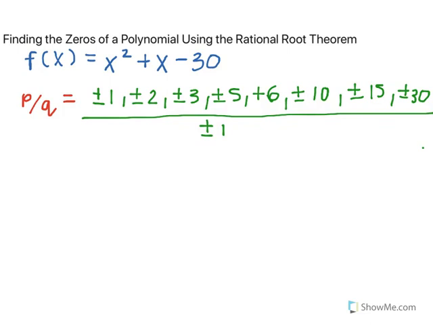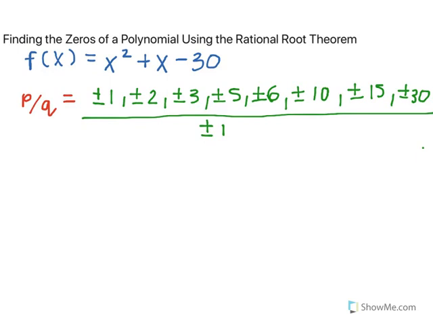Now, we divide the factors of our constant term over the factors of the leading coefficient. That would be plus or minus 1, plus or minus 2, plus or minus 3, plus or minus 5, plus or minus 6, plus or minus 10, plus or minus 15, and plus or minus 30, all over plus or minus 1.